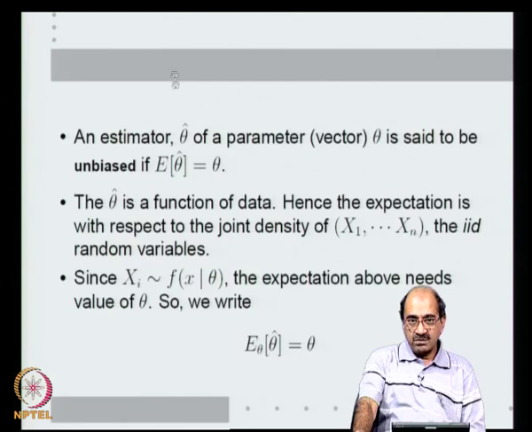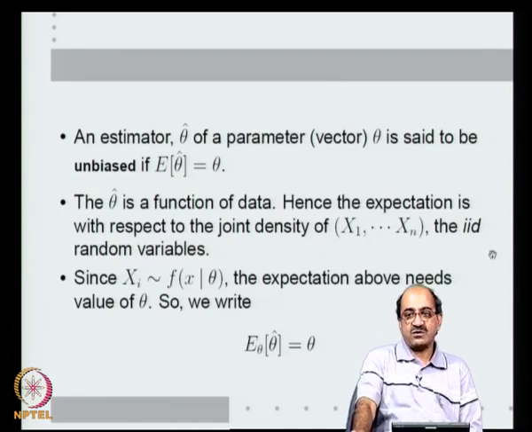To denote this, under this expectation we will put a subscript and say E theta. E theta is expectation with respect to the joint density of x1 to xn, where we assume the unknown parameter actually has the value theta. So, now this equation makes sense in the following way: for any given parameter value in the parameter space, if I assume that is the right parameter and take expectation, I should get back that parameter value. Okay.